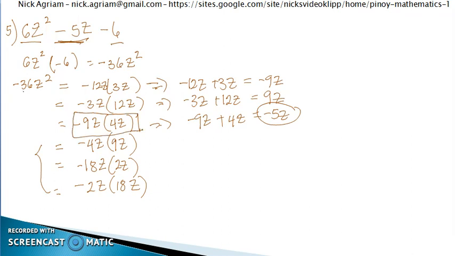Now, after you got the factors that we need, you need to put them in the original expression as their own terms, like we did with this one. Because if you add these two terms, you will get the second term in the original expression, and then minus 6.